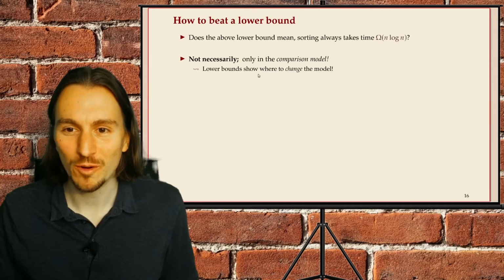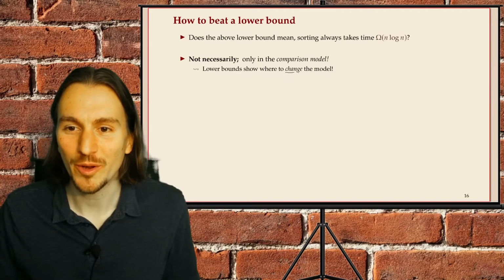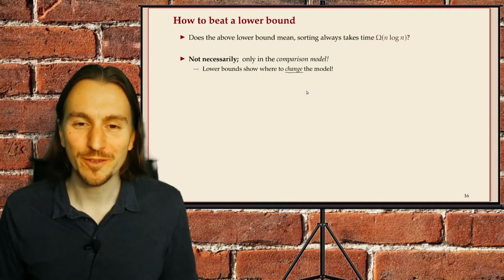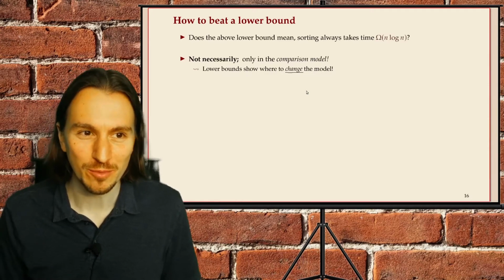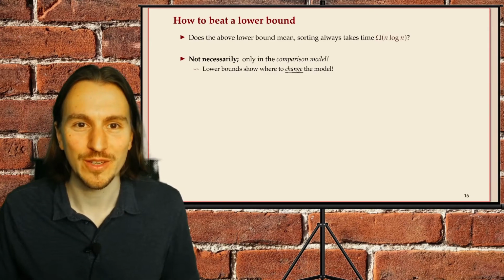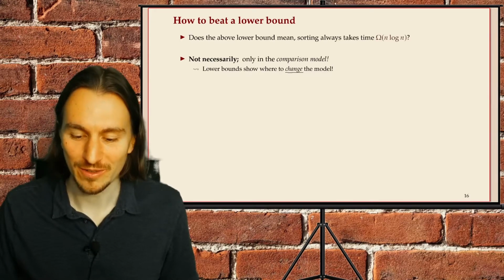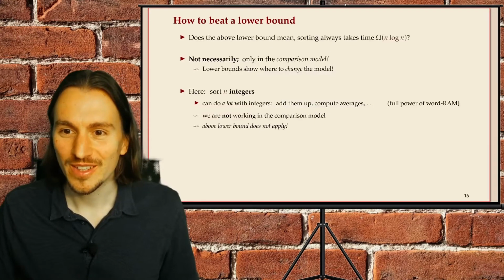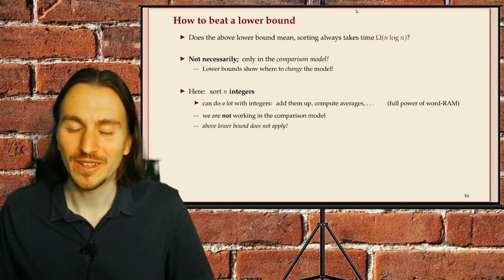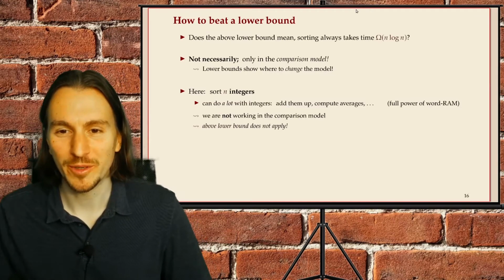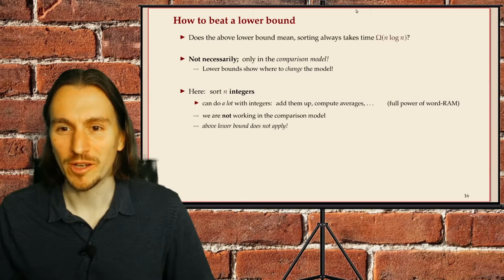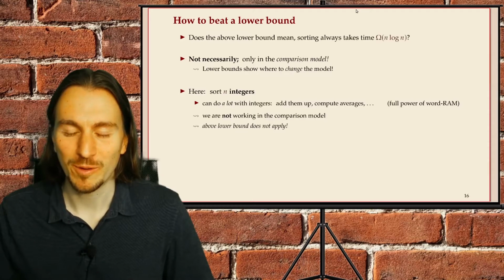And indeed, lower bounds can be seen as a pointer to what you have to change in the description of the problem or the description of the algorithms to make it at least thinkable to get faster algorithms. And that's another useful thing about lower bounds. They pinpoint the bottlenecks, in a sense, in a problem.